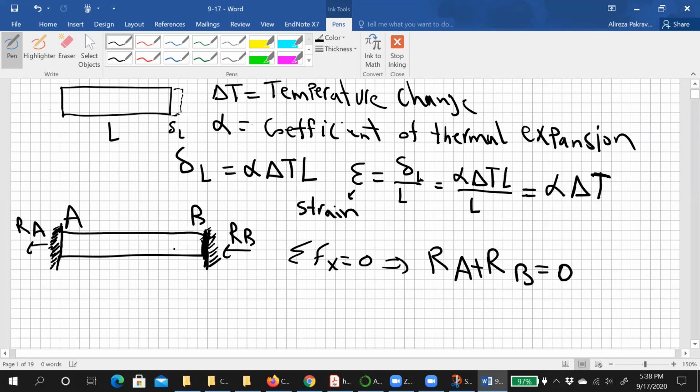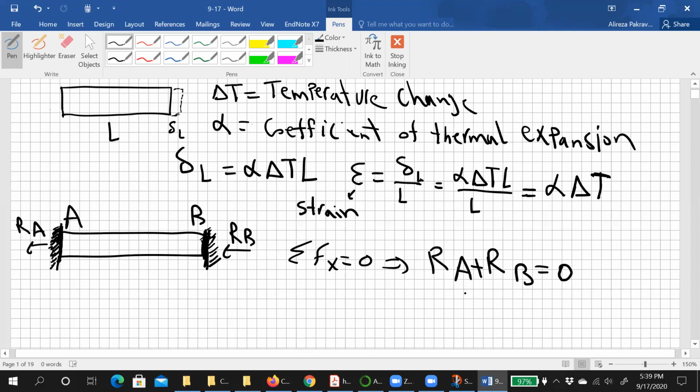But the temperature change means the bar wants to expand, but these two supports don't allow the bar to expand, so it makes reactions at the supports, and stresses. But the problem is we are not able to find RA and RB because there is only one equation.